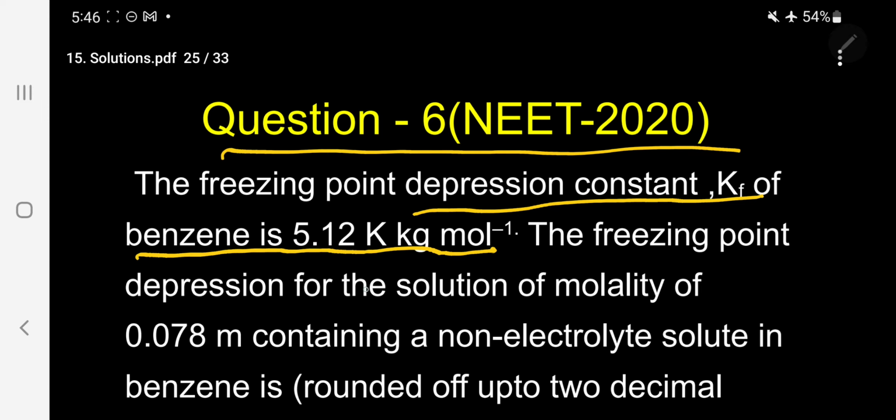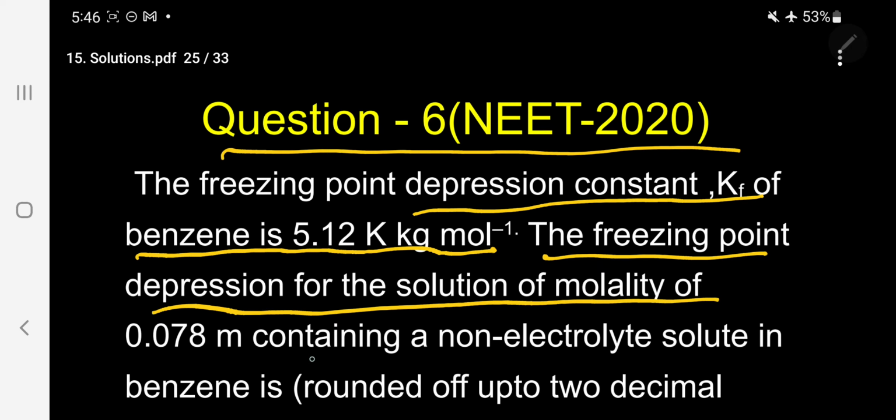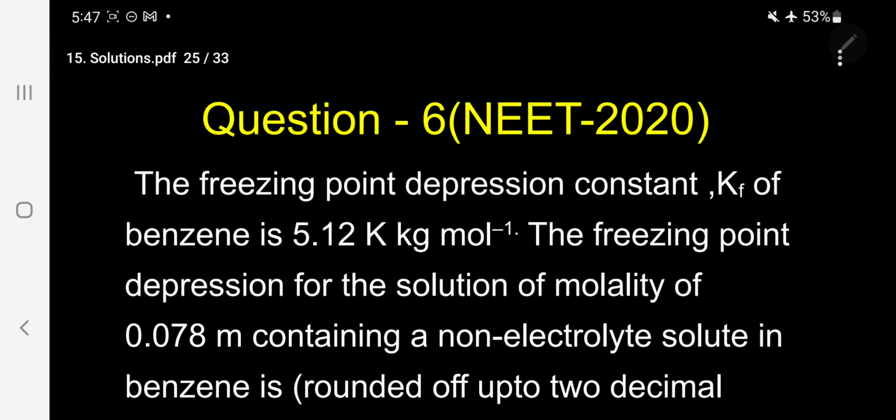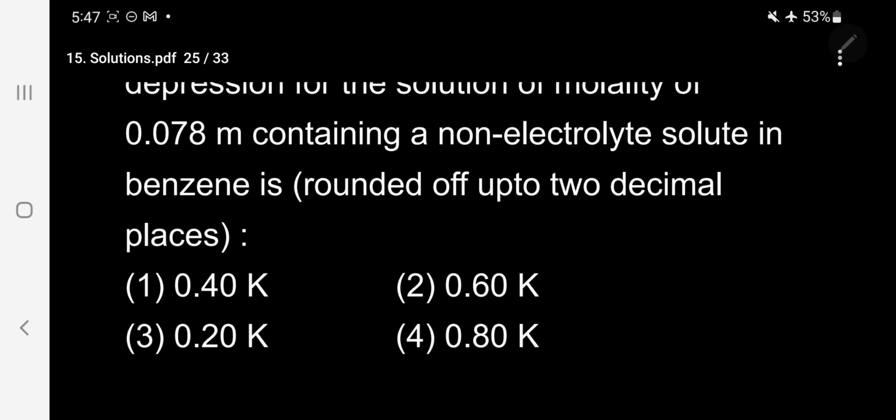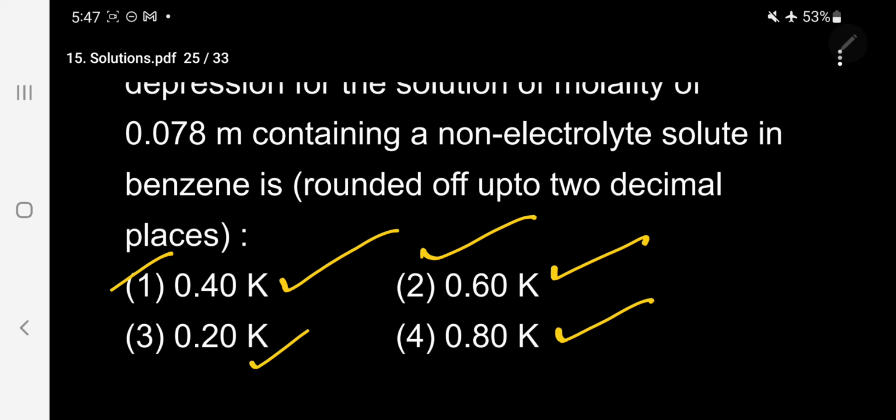The freezing point depression for a solution of molality 0.078 m containing a non-volatile electrolyte solute in benzene, rounded off to 2 decimals, is? Options: A 0.40 Kelvin, B 0.460 Kelvin, C 0.20 Kelvin, and D 0.80 Kelvin.